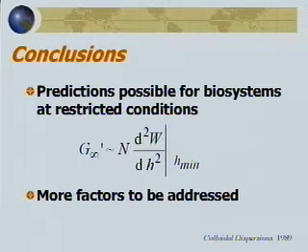In this case, I show the expression between storage modulus that's related to the second derivative of interaction with respect to separation. And also to make our prediction more perfect, we have to consider more factors. What's capital N? Capital N is the number of crosslinks in a colloidal system.